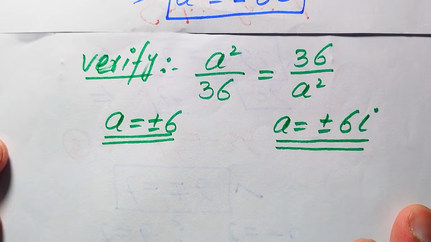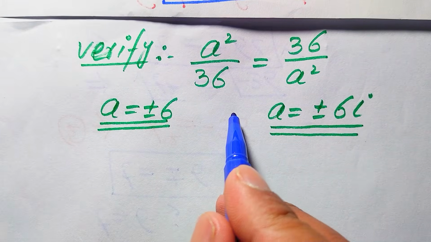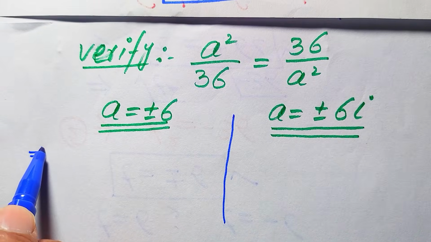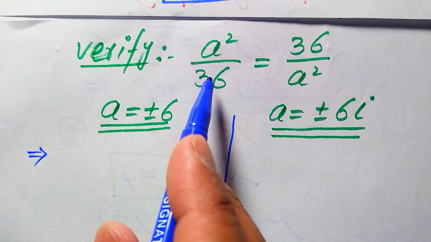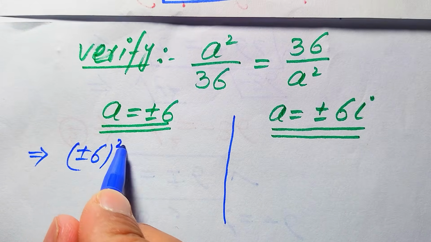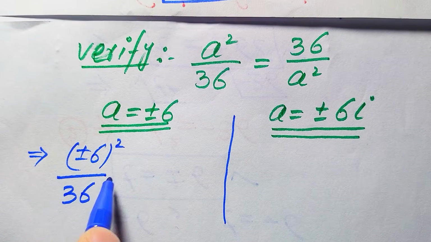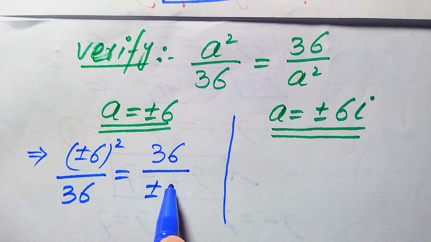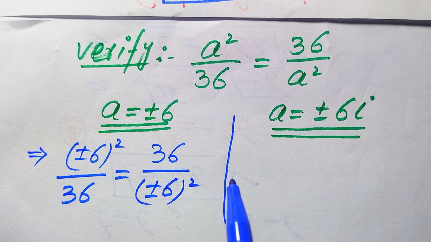Now in the next step we substitute the value of a on both sides and check its behavior. Putting it into the left hand side, it becomes plus minus 6 square divided by 36 equals 36 divided by plus minus 6 square.